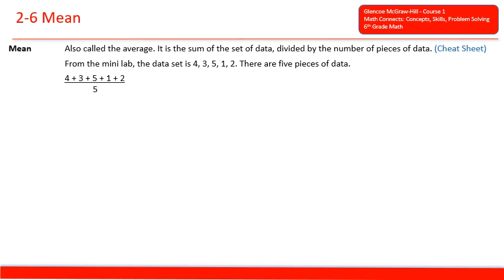So we have 4 plus 3 plus 5 plus 1 plus 2 divided by 5. So the 4, 3, 5, 1, 2 are the number of inches each day, and the 5 is the number of days. And that's going to equal 15 over 5, or 15 divided by 5, which equals 3. Mean equals average, so they mean the same thing.